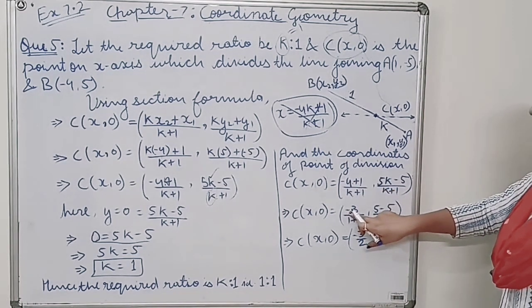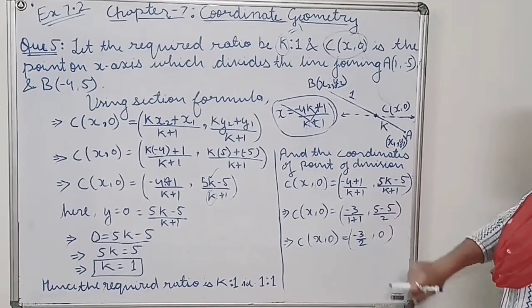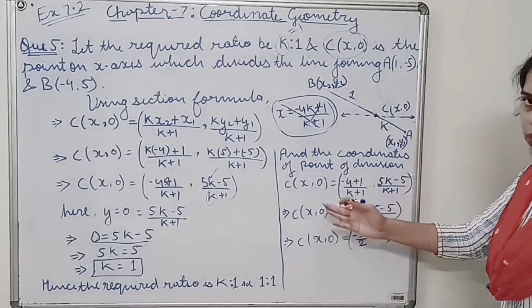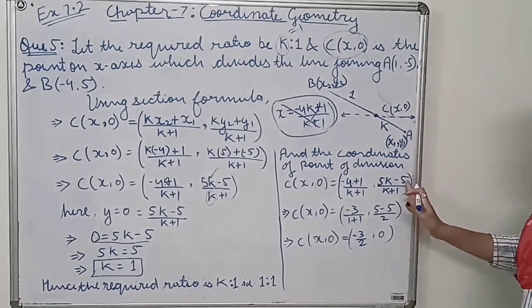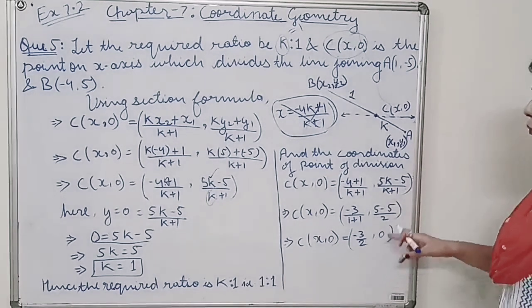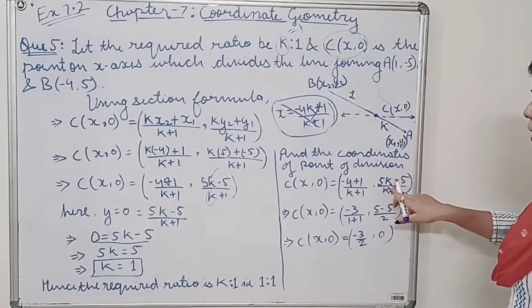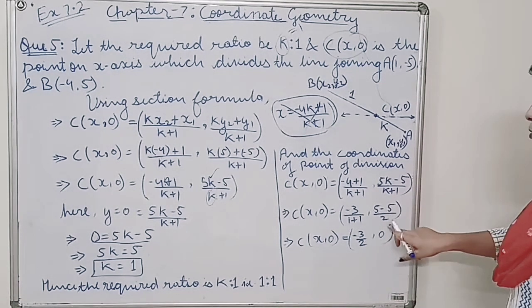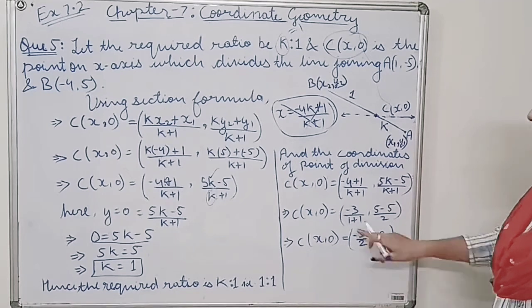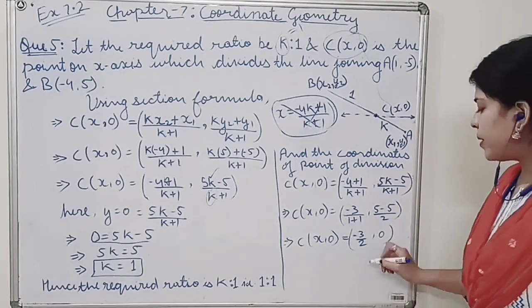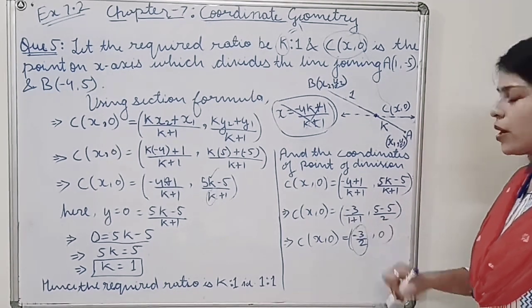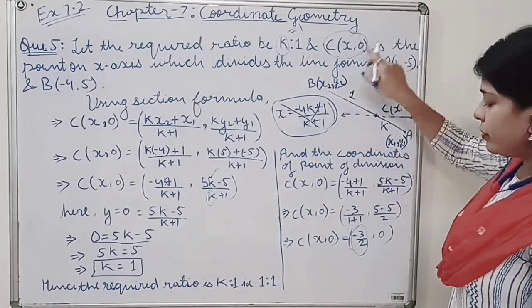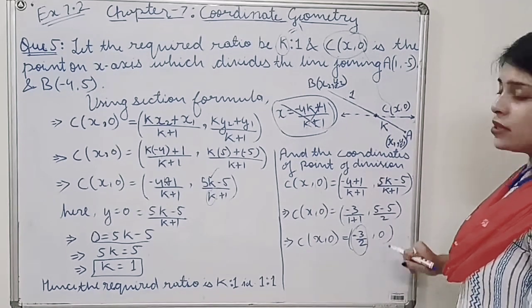It will give us minus 3, and 1 plus 1 is 2. For the y coordinate, we know it is 0, but to verify I have written the value from the formula: 5 into 1 is 5, minus 5 upon 2. 5 minus 5 cancels out, so 0 upon 2 is 0. The x coordinate is minus 3 upon 2, and the coordinates of the point of division are (minus 3 upon 2, 0).